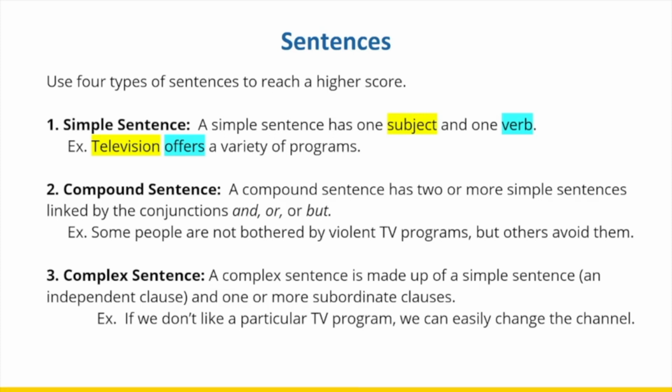But if you begin with an independent clause, for example, we can easily change the channel if we do not like a particular TV program, when you have words like if and when in the middle, we do not use any comma. All right, so these are our three types of sentences.